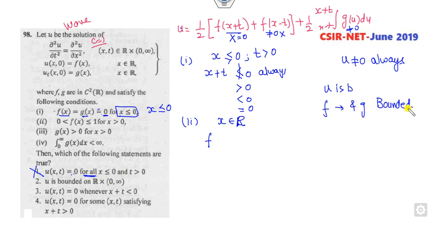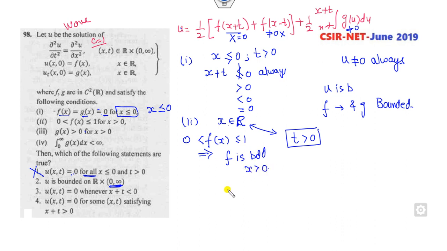Then the only way you can think about that. Whenever t is greater than 0 and x belongs to the R, these two conditions, f is here, which implies that f is bounded whenever x is greater than 0. So it is satisfied.